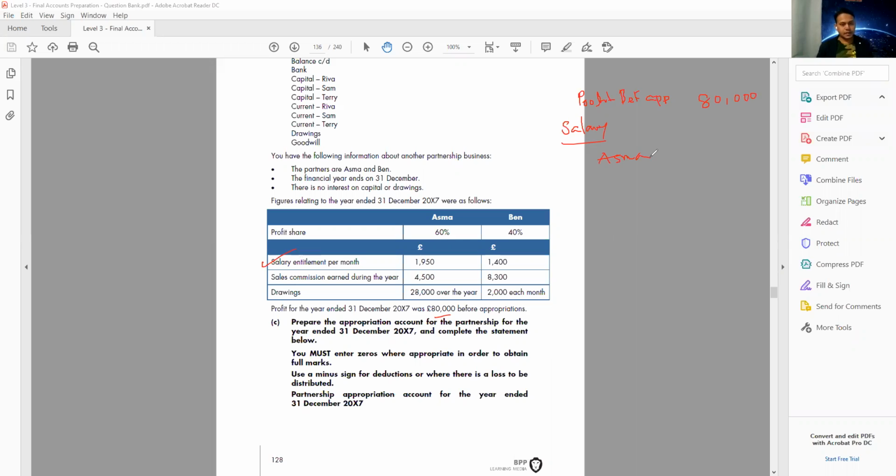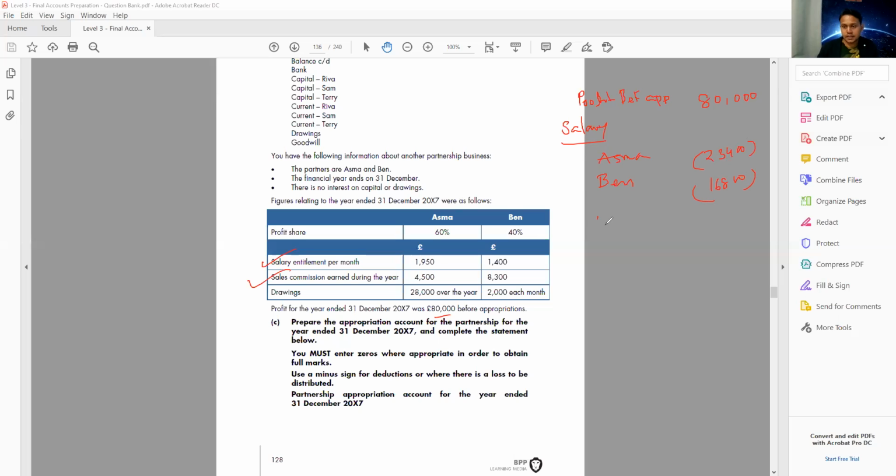We have 1,950 times 12, so 23,400. That's the salary for Asma. And then we have a salary for Ben as well. How much is the salary for Ben? 16,800. Then you have a sales commission.